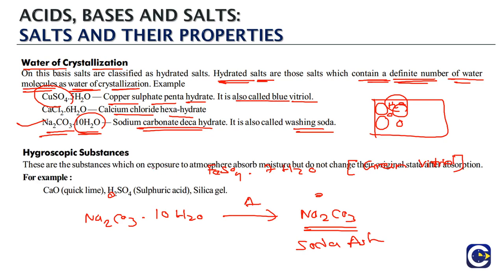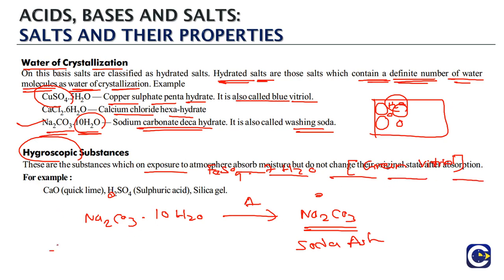Then we have the classification of salts as hygroscopic substances. Hygroscopic is the nature of a salt where, when it is exposed to the atmosphere, it is able to absorb the moisture but does not change its original state after absorption.